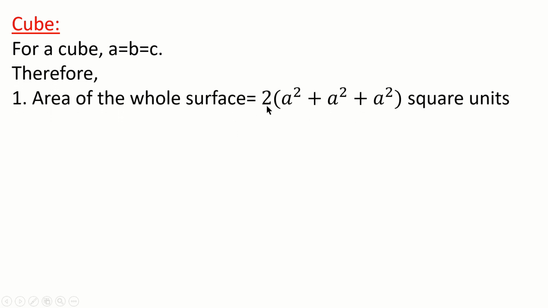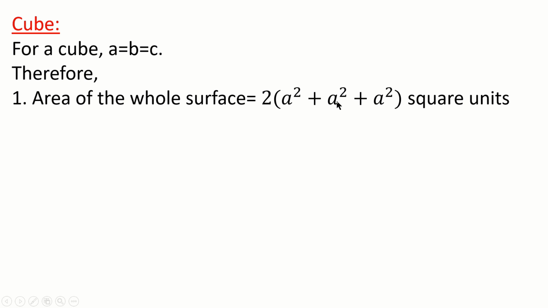Clear? For a cube, length, breadth and height are equal. That means A equals B equals C. Therefore, area of the whole surface is 2 into AB, as A, B and C are equal, so A into A, that means A square.